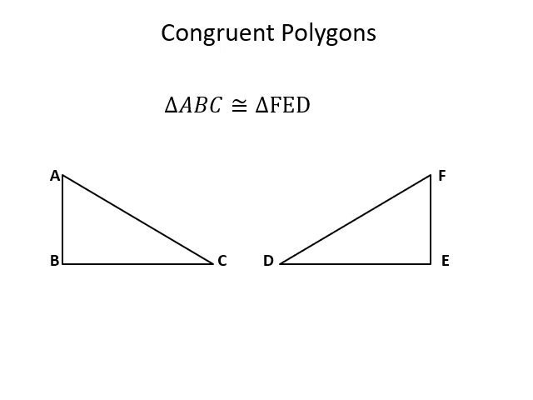So take a look here. I have triangle ABC and triangle FED. Looking at this, I use the symbol for congruent, so I know that ABC and DEF are congruent. So if I wanted to talk about side AB, I know that it is congruent to side FE.